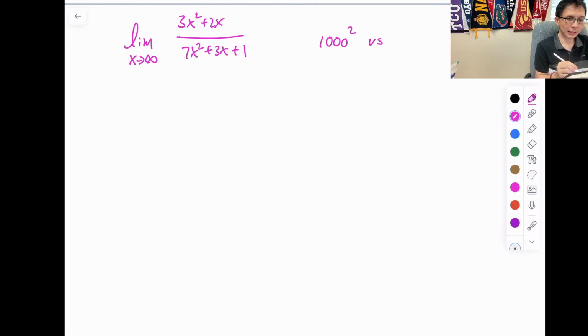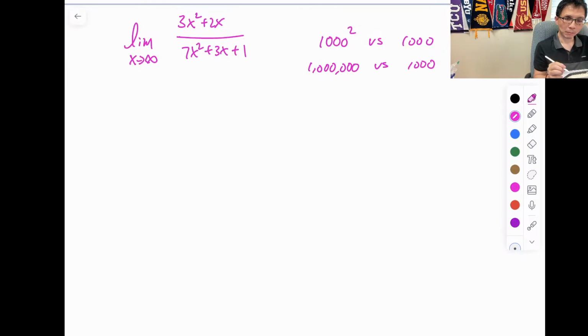Versus 1,000, that's already a big difference. If we increase to 10,000, 100,000, 1 trillion, 1 trillion squared is going to be a lot of zeros.